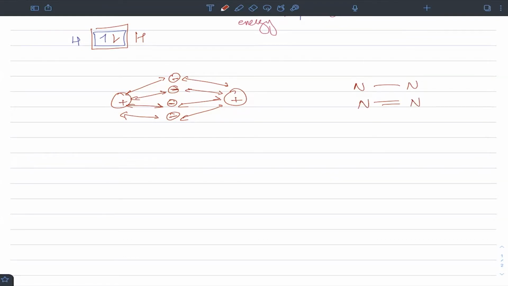Double bond would be shorter. And if I had another pair of electrons in there and they were pulling on these, that will be even shorter. And the strength increases.